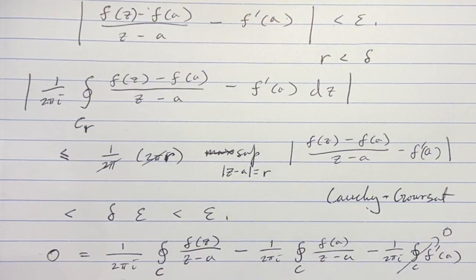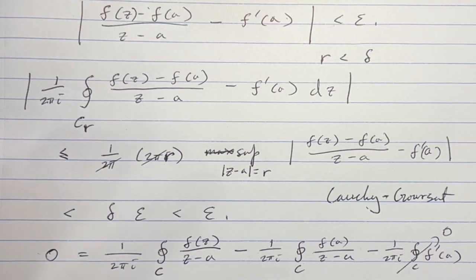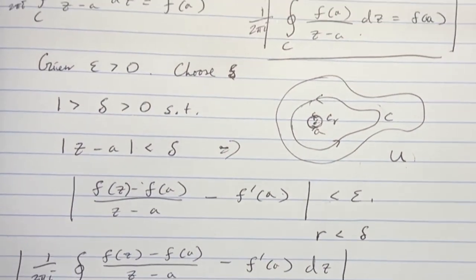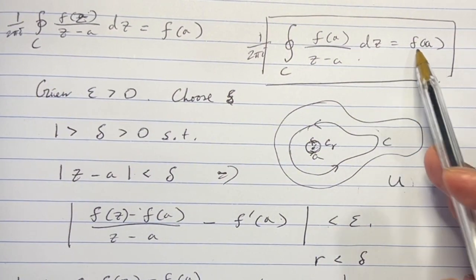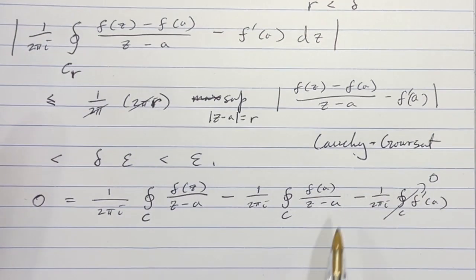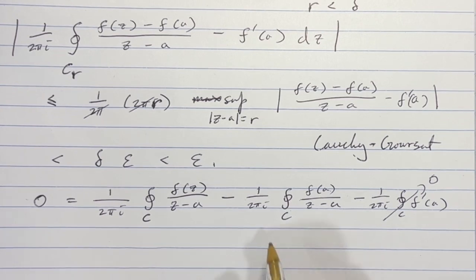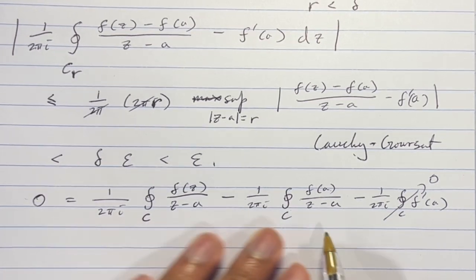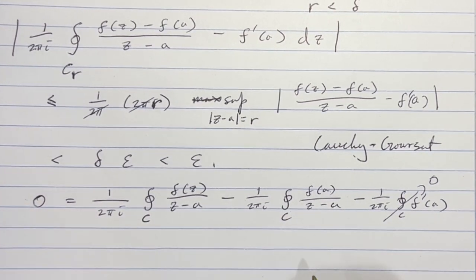All right, so what about the other two? Actually, for the other two we don't need to worry, because remember, we said earlier with this little homework problem that this bit is just f at a, and so just moving this to the other side, we're actually done.